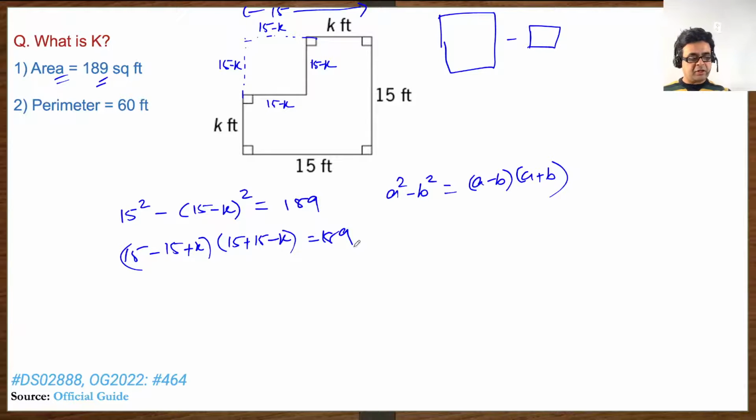And I have it written down here so that we don't spend too much time on quadratics. My assumption is quadratics are already practiced by you all. You will get this equation: k squared minus 30k plus 189 equals 0, right?